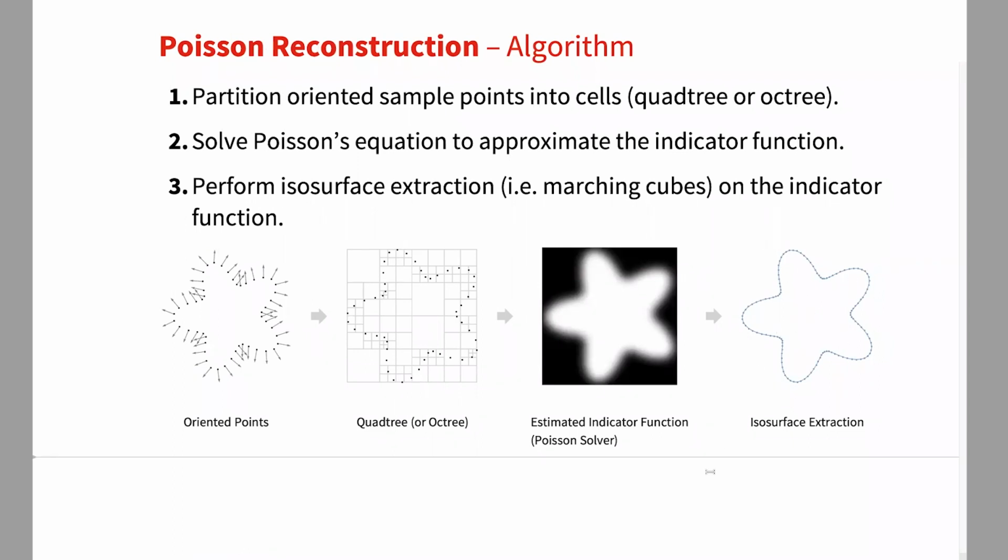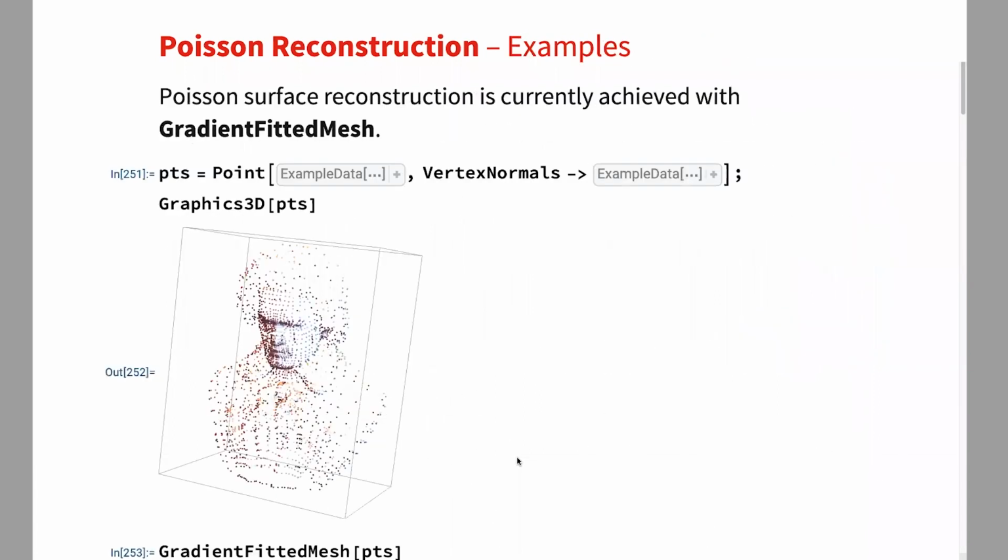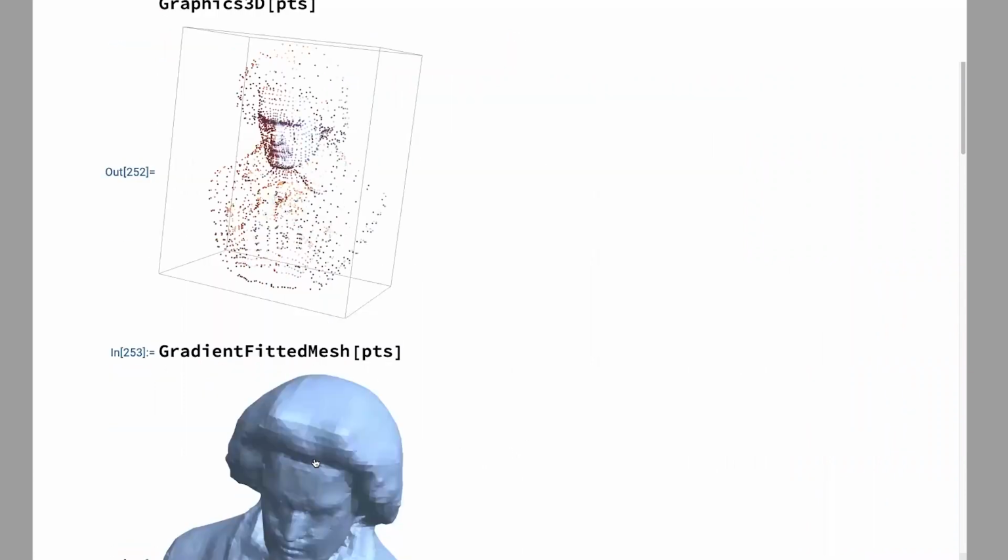Thank you. A question for Min: what's the benchmark and comparison between the different methods? Which one is the fastest and slowest? It depends on the input. We are currently working on a benchmark in general using the ABC data set. I'd say GradientFittedMesh takes a little extra work.